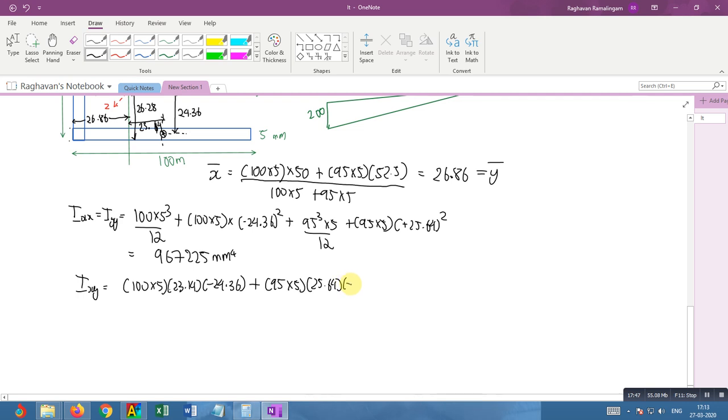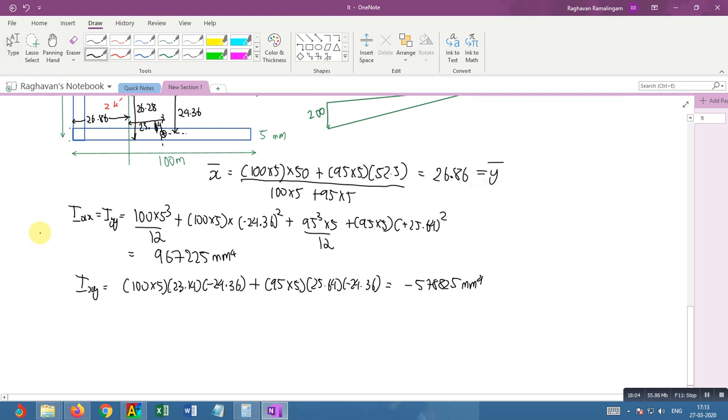So this gives minus 578.825 mm power 4. Product of inertia can be negative. It can.